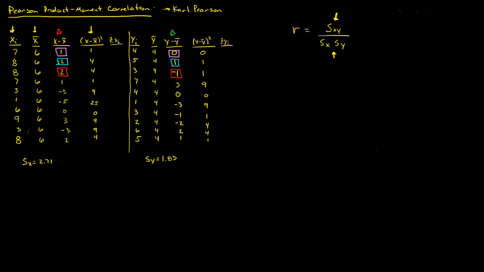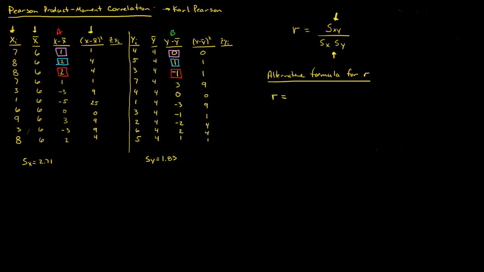Very similar to when we were doing skewness and kurtosis, it's oftentimes easier to work in z-scores, and so the alternative formula for R looks like this.